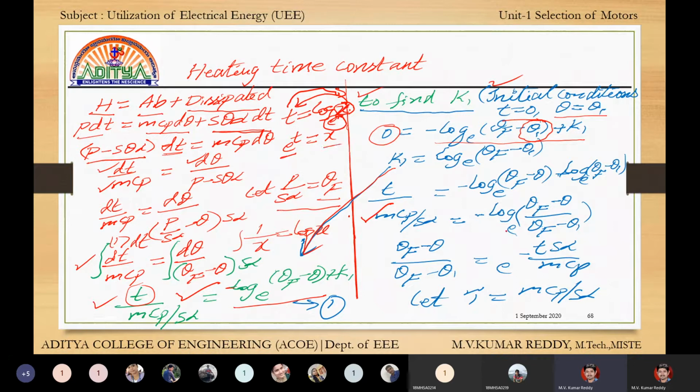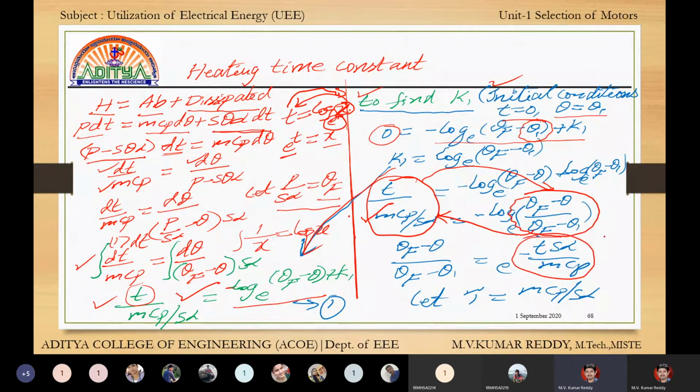Here the e power is this term, and this is the t term. This will be shifted to the right hand side and this to the left hand side. Now (θf minus θ) by (θf minus θ1) is equal to e power of this value.